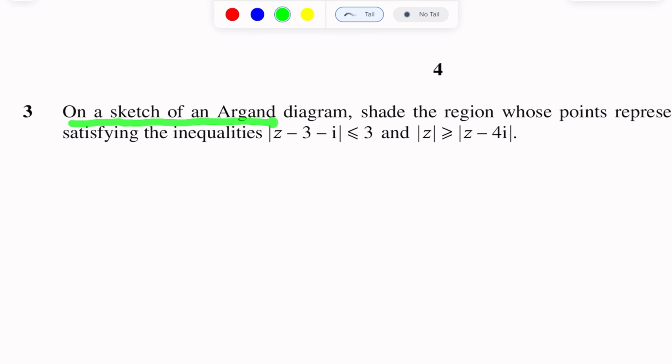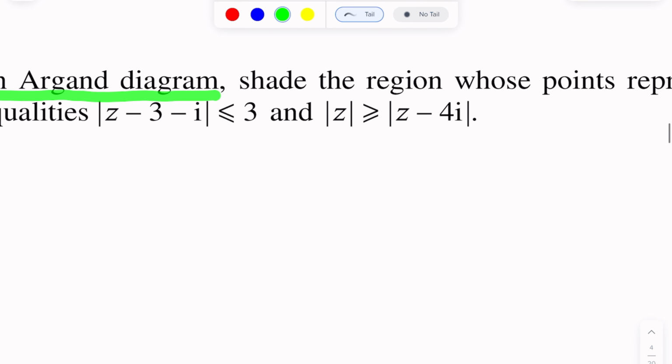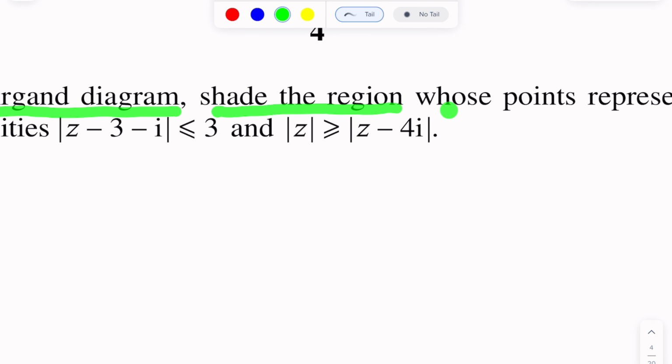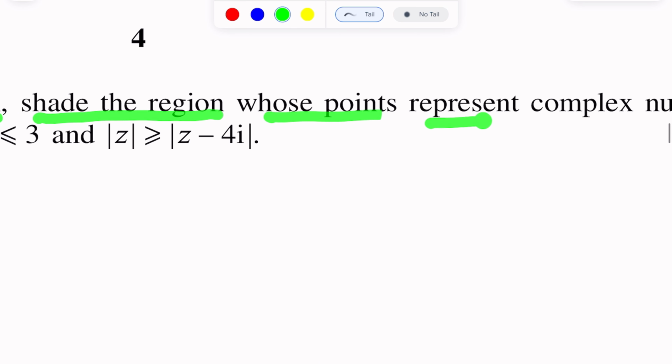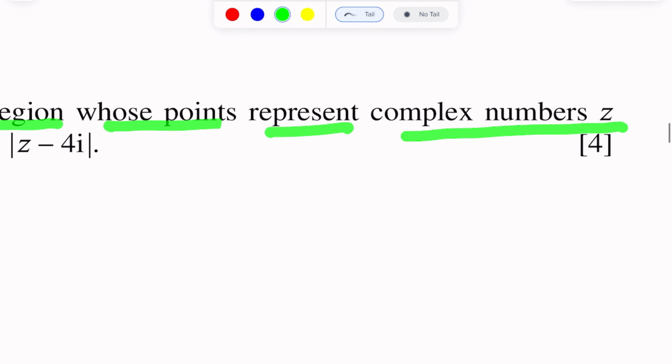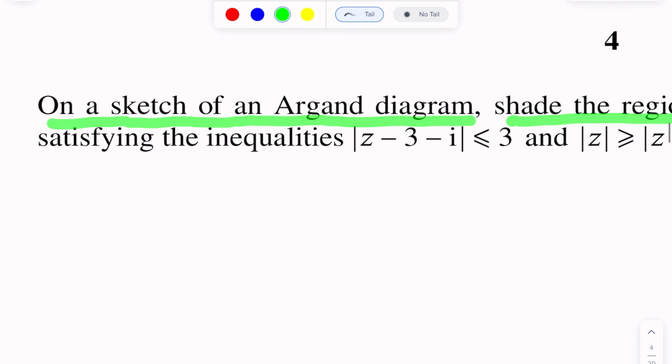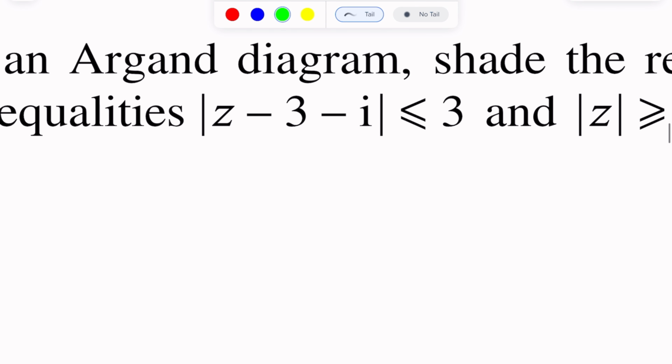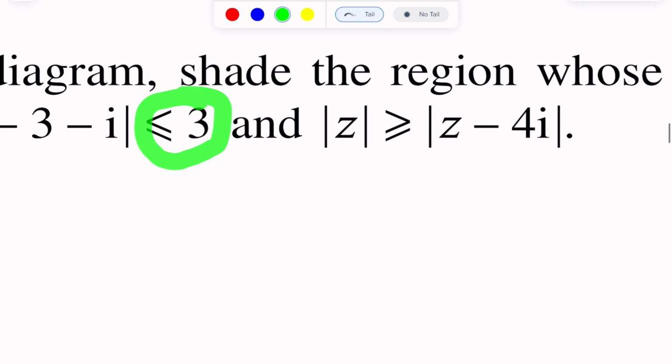On a sketch of an Argand diagram, shade the region whose points represent complex number z satisfying the inequalities |z - 3 - i| ≤ 3 and |z| ≥ |z - 4i|.